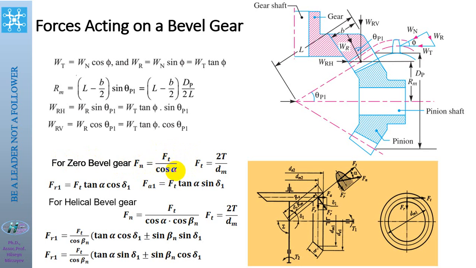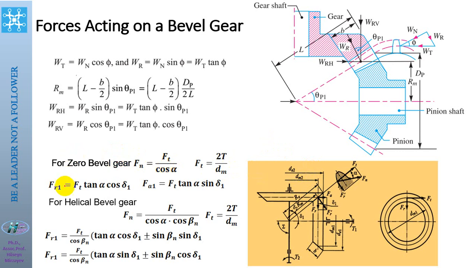Alpha is the pressure angle, which is generally taken as 20 degrees for involute gears. If Ft is the tangential force, it may be calculated depending on the transmitted torque T and the mean diameter of the cone, dm2, the mean pitch diameter of the gear, from the middle point of the teeth.